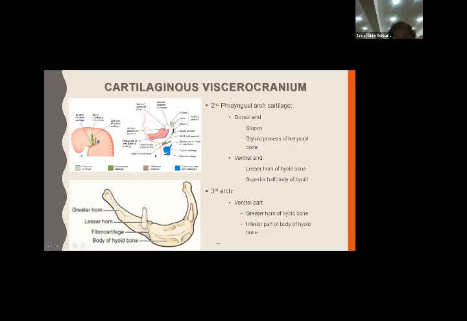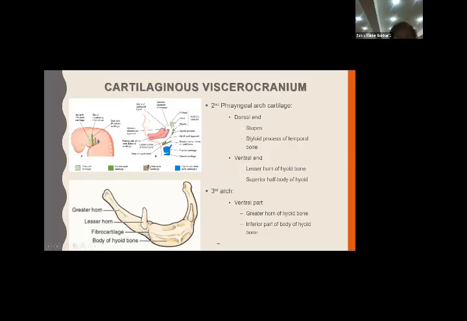Stapes is the third bone of the middle ear cavity. 2 हमने पहले की थी जो first arch से थी, incus और malleus. अब second arch, the third bone of the middle ear cavity, stapes. Then comes the styloid process. Next is the ventral end of the cartilage, जिससे lesser horn of the hyoid bone and upper half of the body of the hyoid bone.